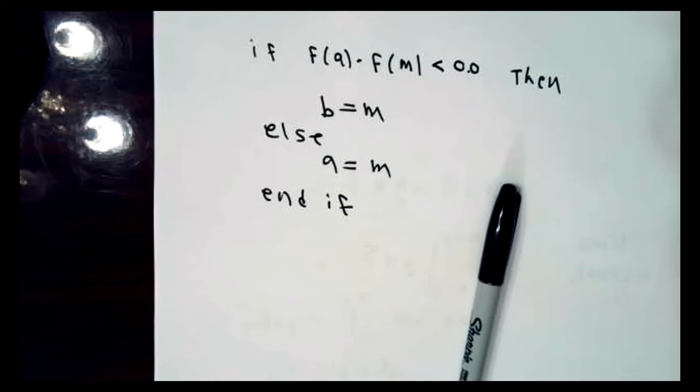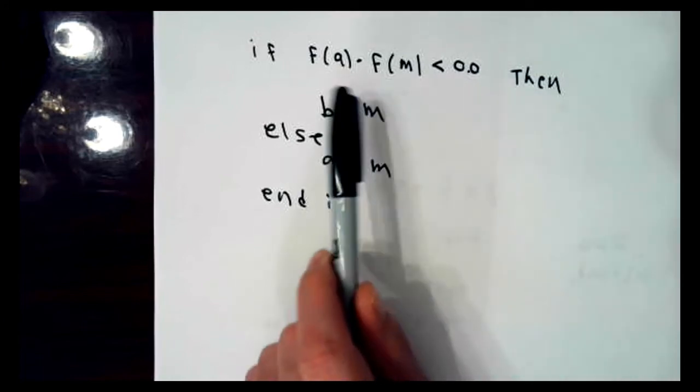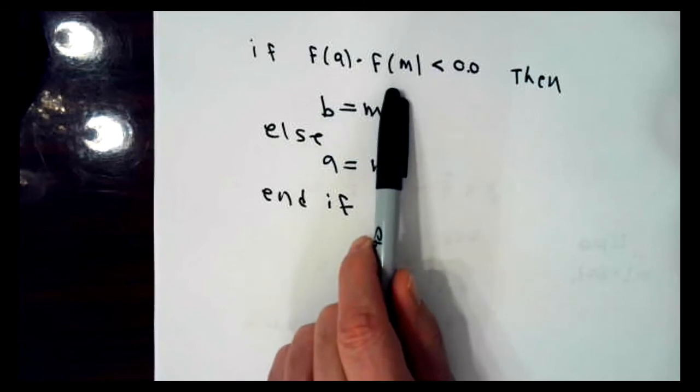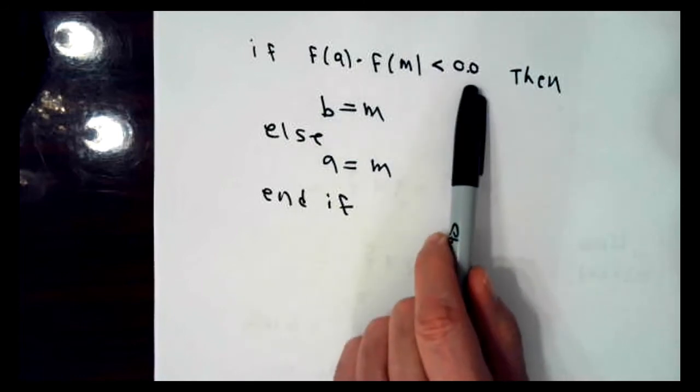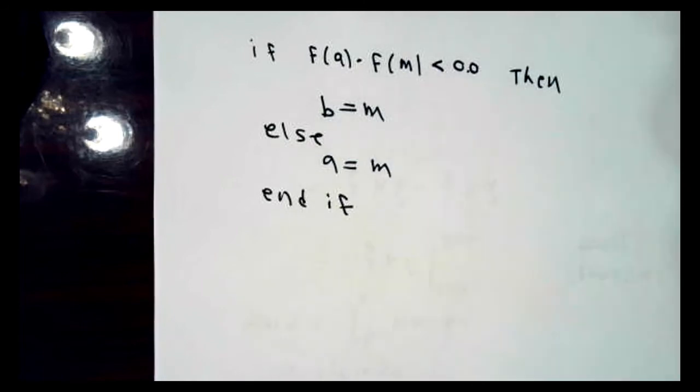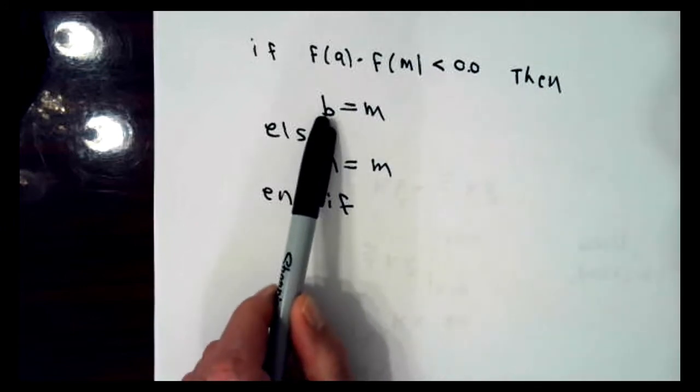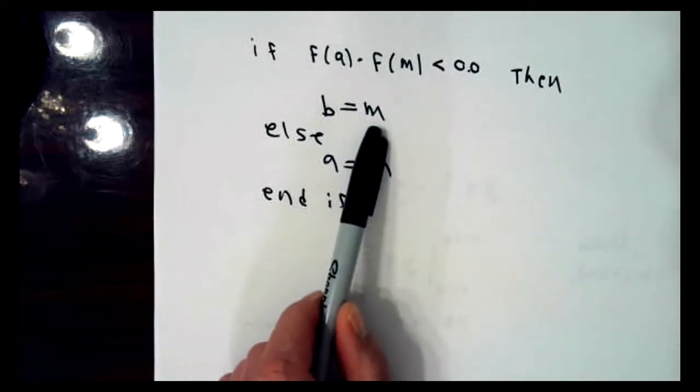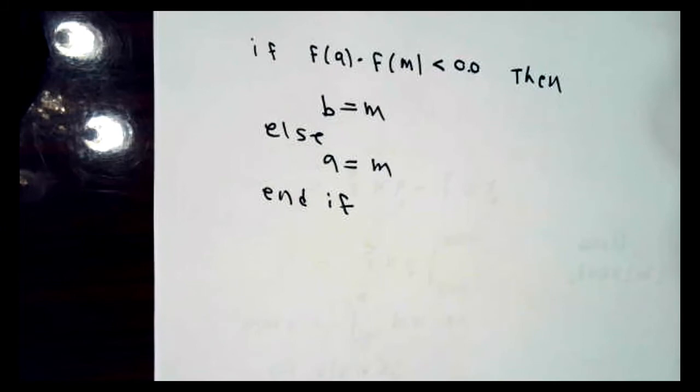The way that we've been deciding which half of the interval to retain and which half to throw away has been this. We calculate f of a times f of the midpoint and see if that's less than 0 or not. If it is, I should make b equal to the midpoint, and I'll have a bracket, a pair of numbers between which the function value has to be 0 somewhere.